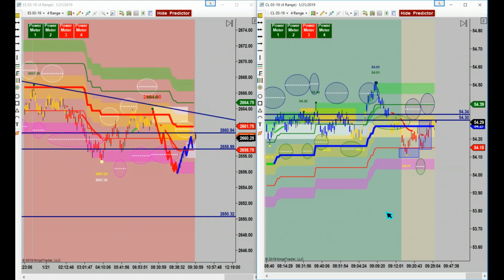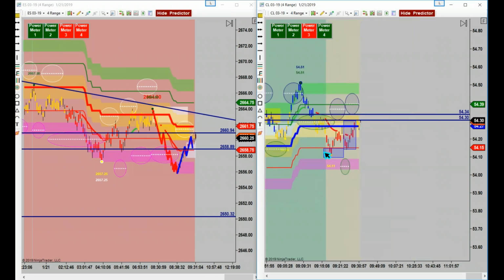Now, where's oil going now if it breaks this? Well, see, here's a thrust, retrace, thrust, like a big ABC. So now what I normally do is draw it like this instead. And just another little area that it should hit.